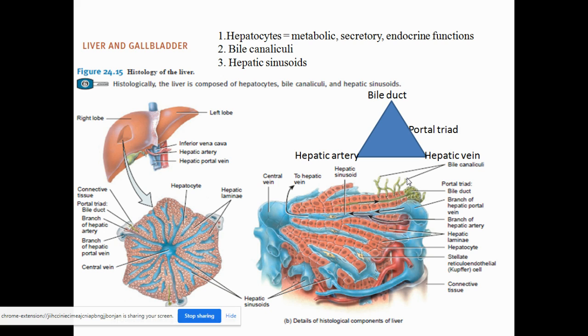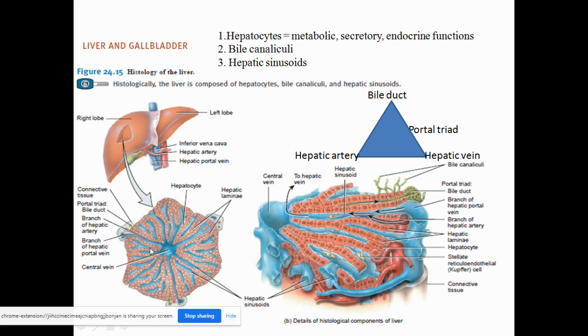They again come together to form the common hepatic duct. This will join with the cystic duct to form the common bile duct. This bile duct will combine with the pancreatic duct as the hepatopancreatic duct.